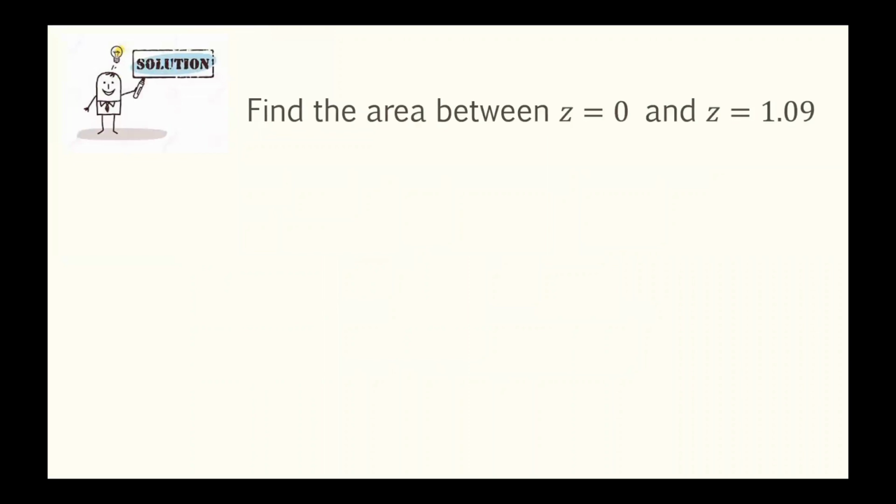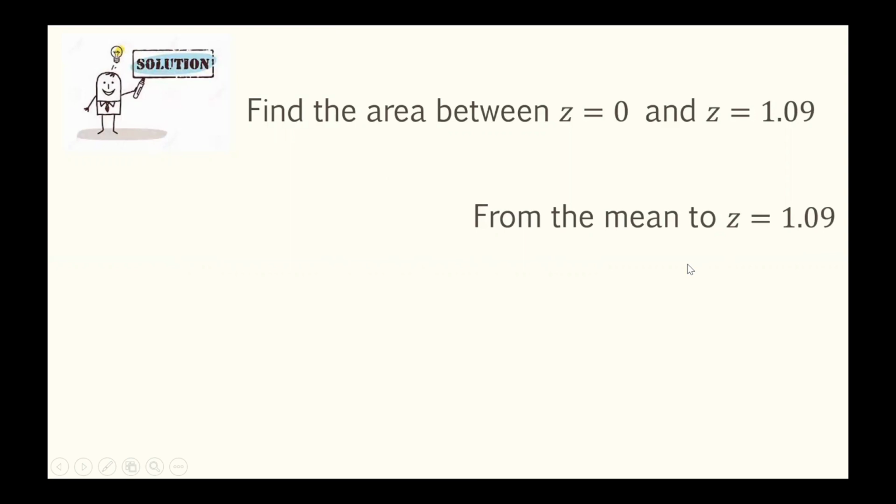For the solutions, in number 1, find the area between z equals 0 and z equals 1.09. When we say between z equals 0 and z equals 1.09, that is from the mean to z equals 1.09. The mean is located at the center of the normal curve and 1.09 is at the right side of the normal curve.